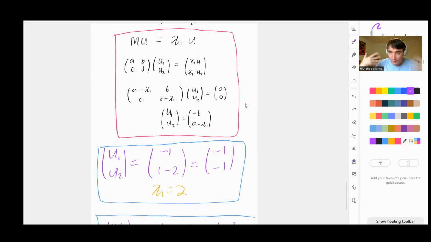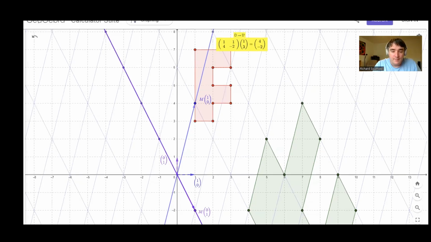If we're correct, then something going in the direction of this vector, minus 1, minus 1, when we apply this linear map, the image should also be going in the same direction. In fact, it should be going in that direction twice as far, because lambda 1 equals 2. That's our scaling factor. So let's have a look if this is true. We could have a look on here.